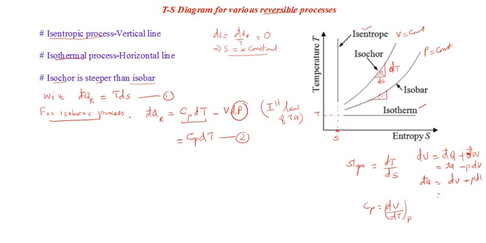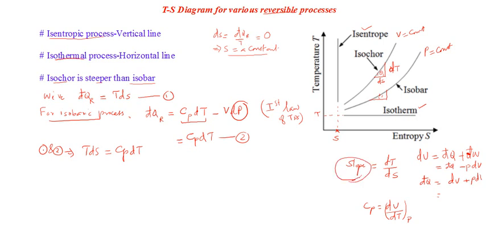So now what you can do? Can you just compare 1 and 2? Both LHS are equal. So 1 and 2 give T ds is equal to Cp dt. And what is your aim? Your aim is to compare the slope. So let me see what is dt by ds.